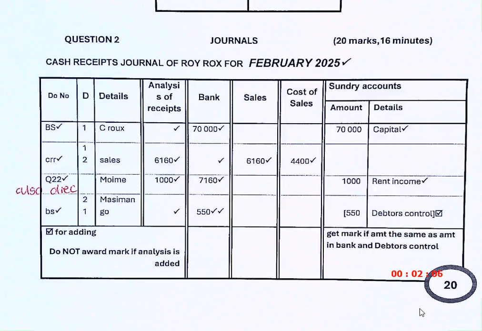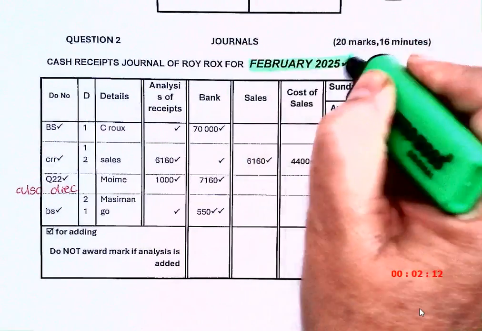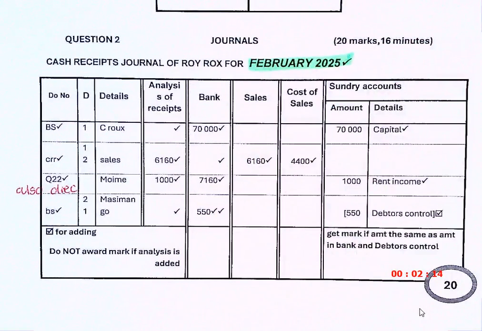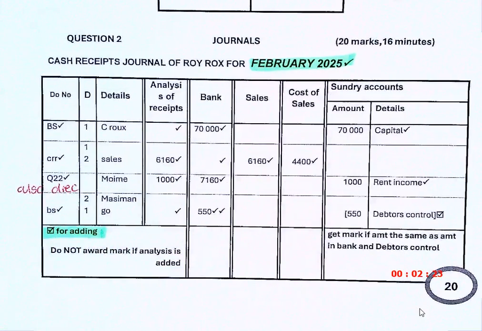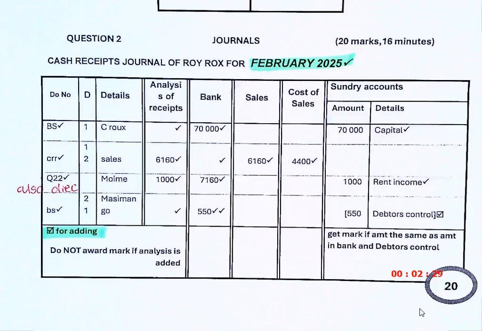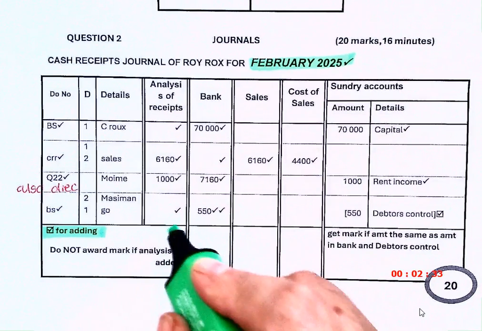So now, can you see here, if you wrote the date on the top there, it's one tick. You must look at your test. If you write the date, that's an easy tick. Can you see, you got a mark for adding. Even if you add it wrong, you still get a mark. The only reason you don't get the mark if you add it is if you added analysis.